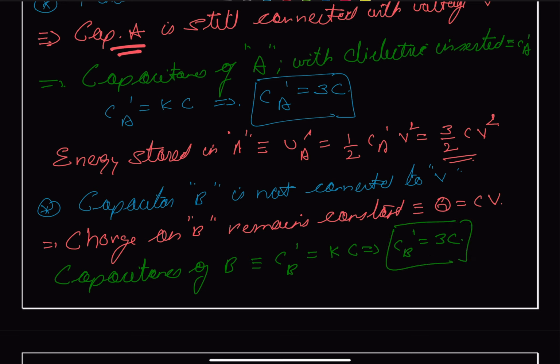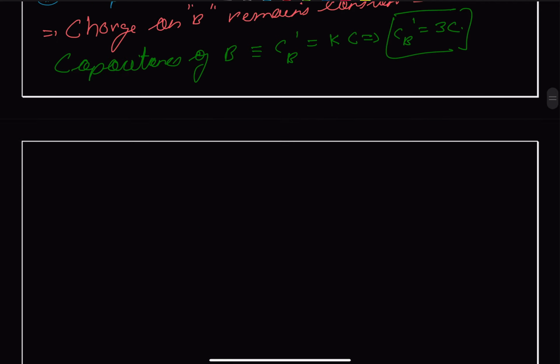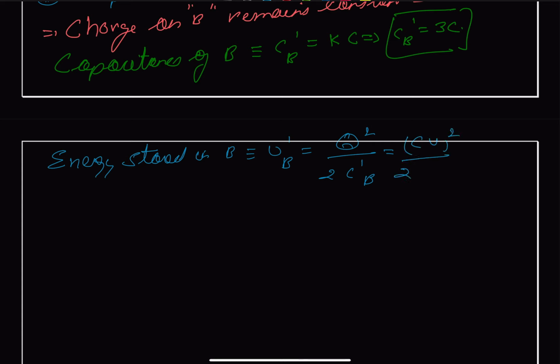Therefore, the energy stored in capacitor B, let us call that UB prime, will be equal to Q square divided by 2 CB prime, and Q is C times V whole square, divided by 2 multiplied by 3 times C. We can just sort it out.